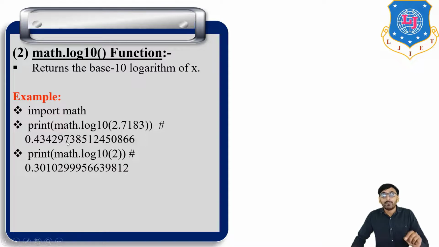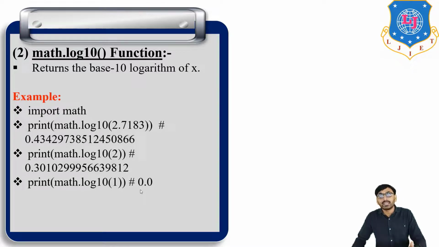Then print math.log10(2). We get the answer 0.3010299 something. Then print math.log10(1). Then the answer is 0. So in the log10 function also the answer we get is a float number. This function returns the base 10 logarithm of x.